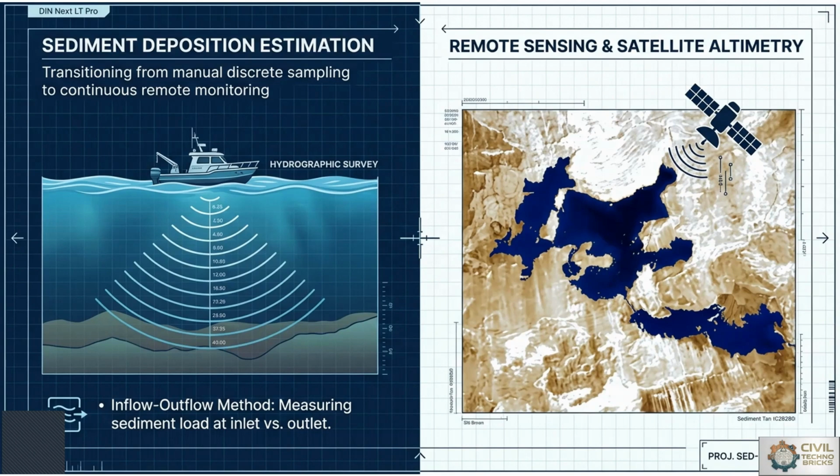By integrating these remote sensing data points into a geographic information system, civil engineers move from discrete sampling, or occasional checks, to continuous monitoring.